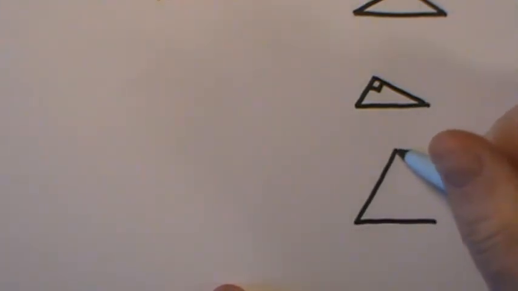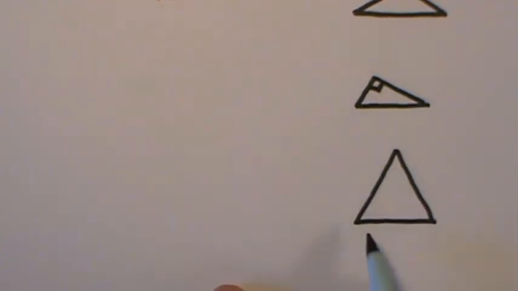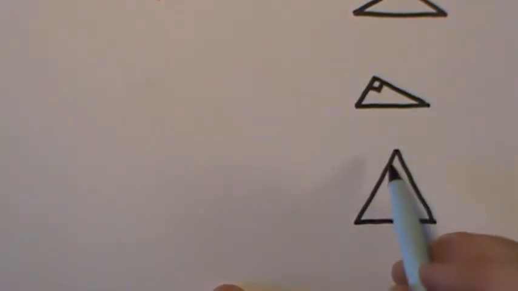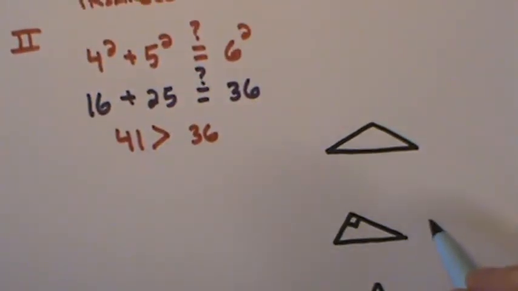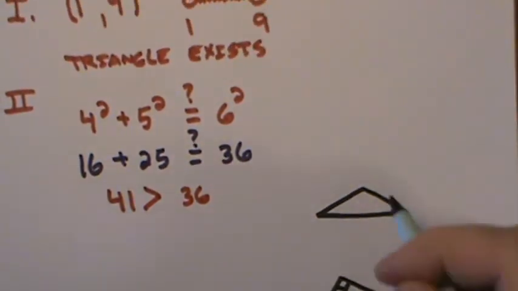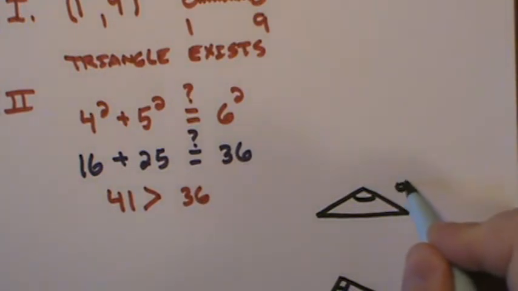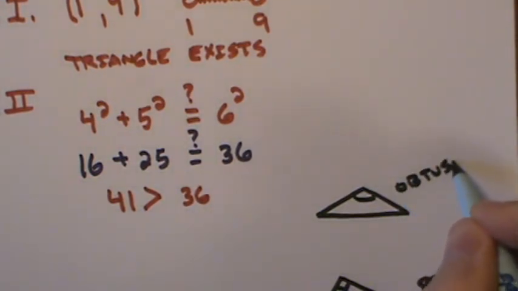And so it didn't take them much to be able to span that distance. This angle up here would be acute. So this is an acute triangle. This would be a right triangle. And this would be an obtuse, an angle that's greater than 90 degrees.